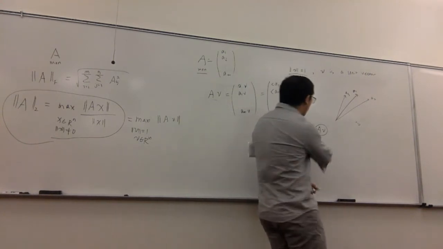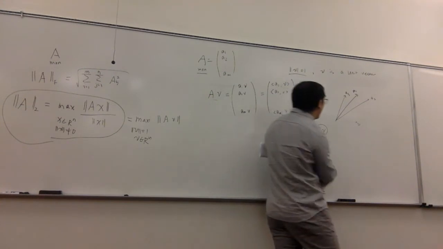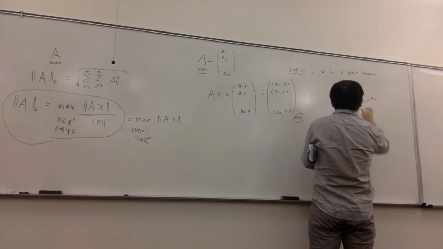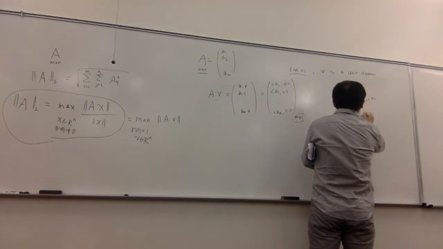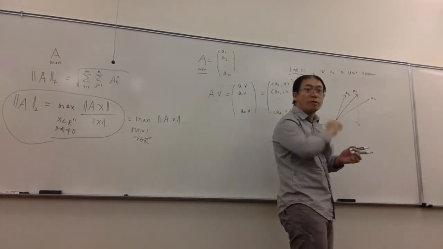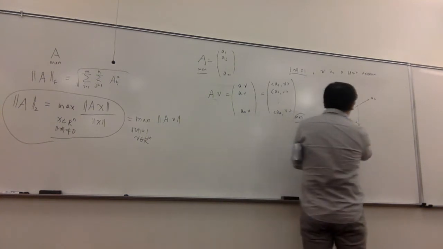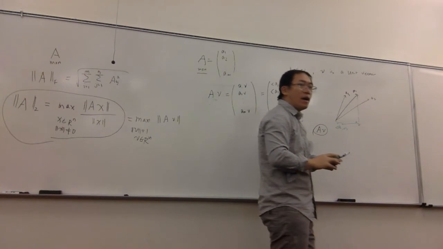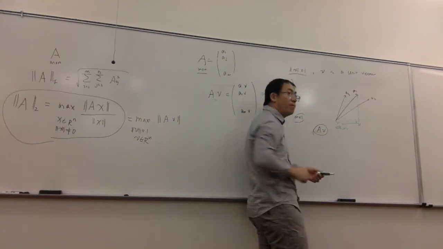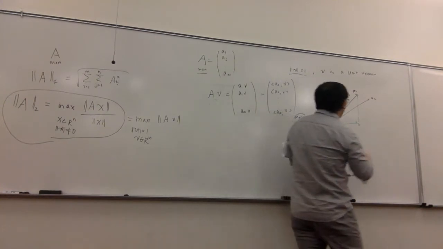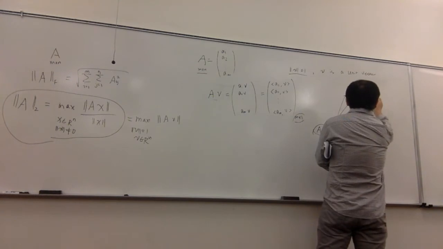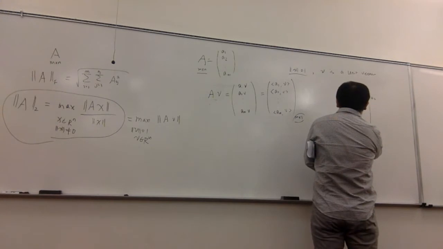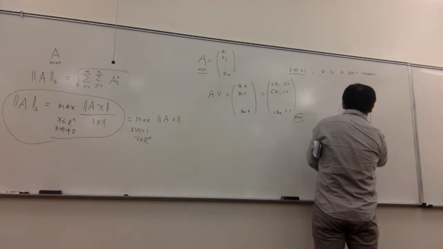The first element of A multiplying with V would be, we project A1 onto the direction of V, right? Get the first element, which is the inner product between A1 and V. And the second element in this product would be the projection length of A2 onto V, right? And the projection length is A2V.